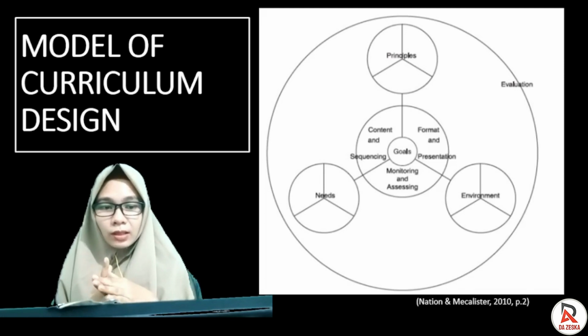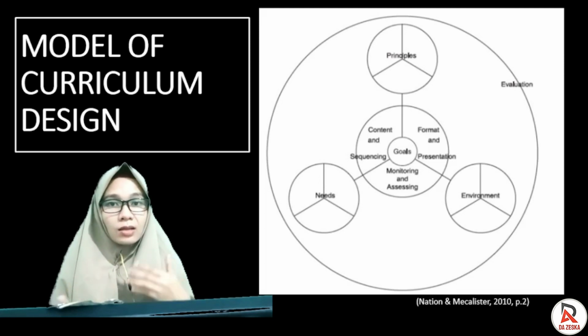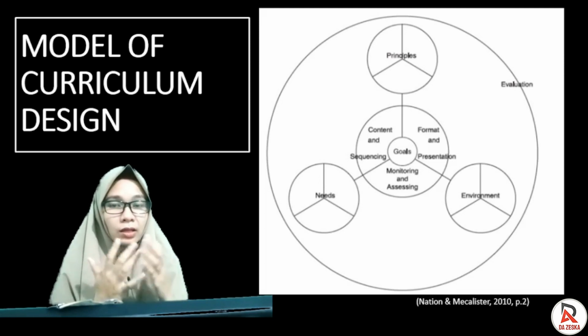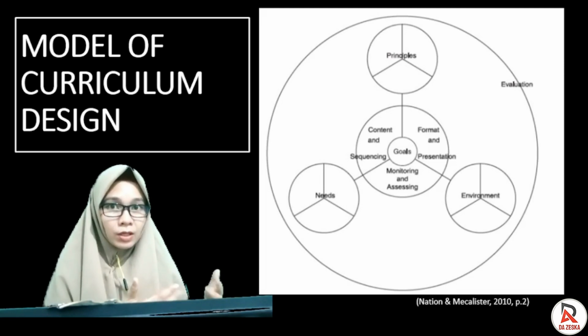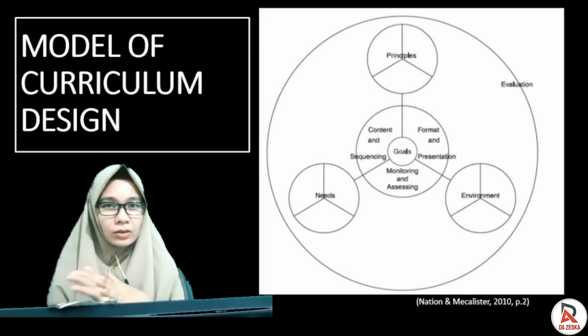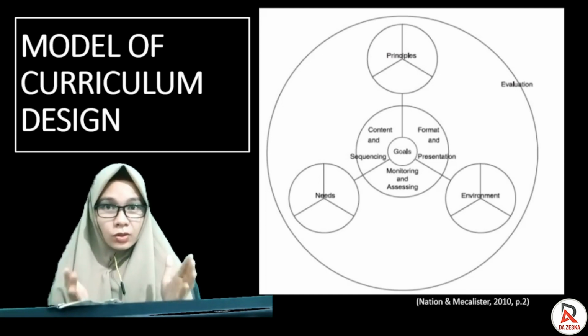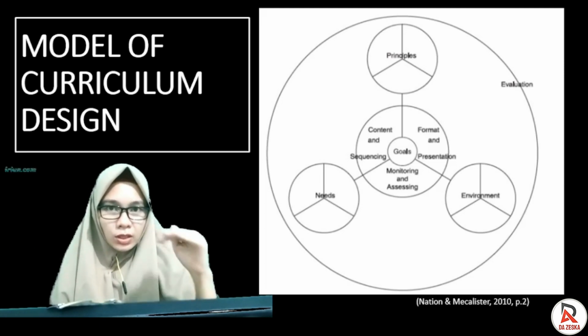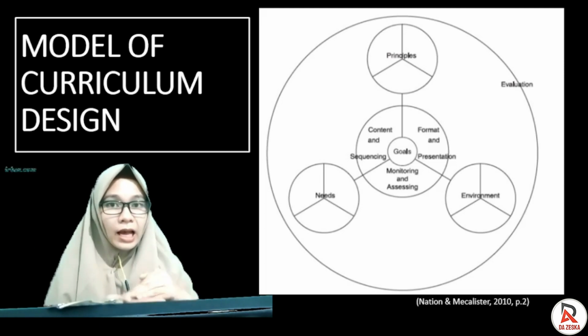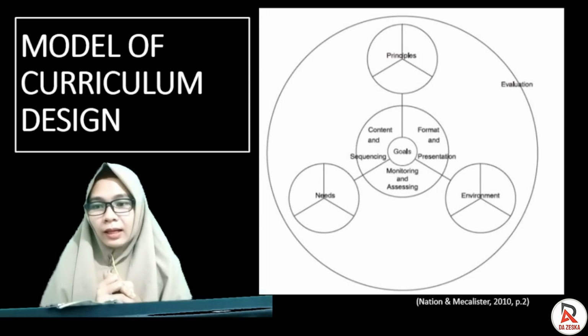So you are not a curriculum designer, I mean, 100%, but you are just a curriculum developer. So you design a course and you develop the curriculum from the government. Okay, so you have the right to have your own methods, your own strategies, your own techniques, your own way to teach your students. But again, the competence that your students should achieve has been set by the government, and you've got to follow that.